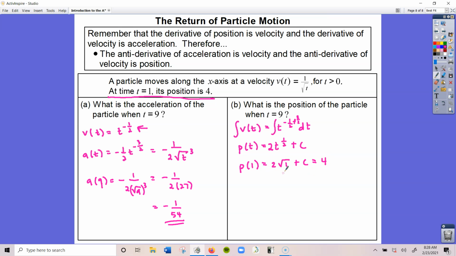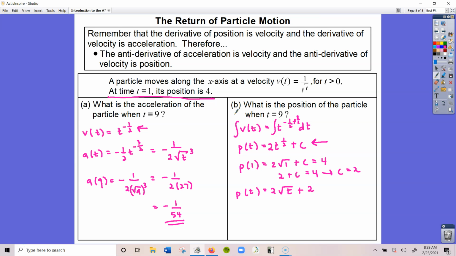So this is 2 times 1, which is just 2 plus c is equal to 4. Therefore, c is equal to 2. So p of t is equal to 2 square root of t plus c, which is 2.